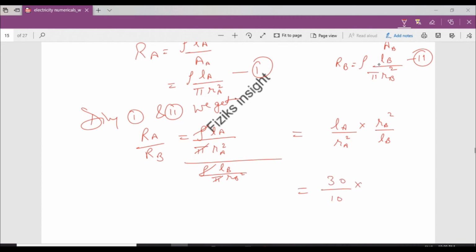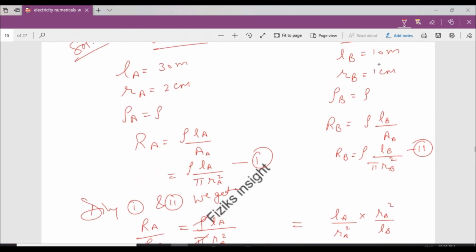Now RA is in centimeters, so convert it into meters: 2 into 10 raised power minus 2 meters, and RB is 10 raised power minus 2 meters.